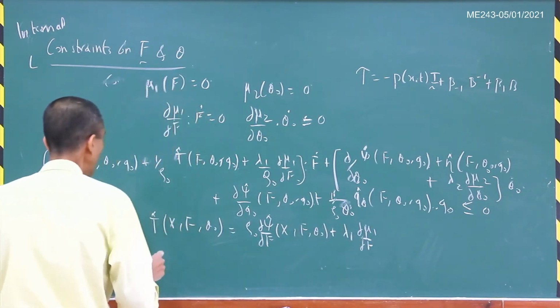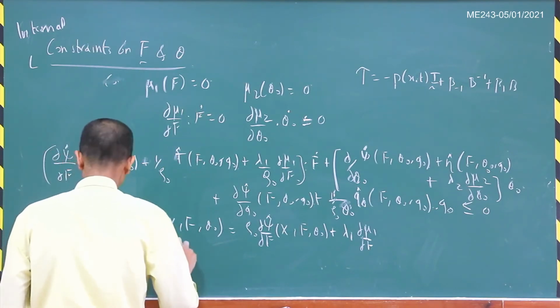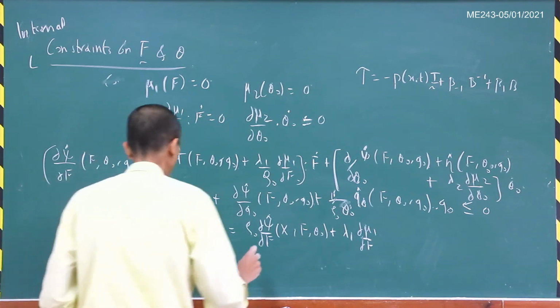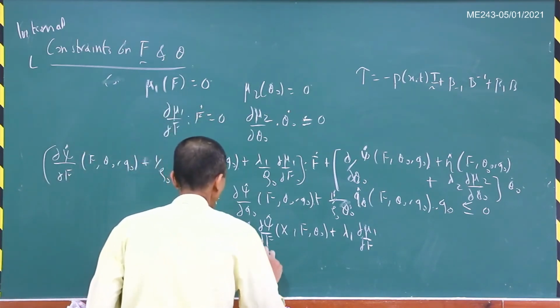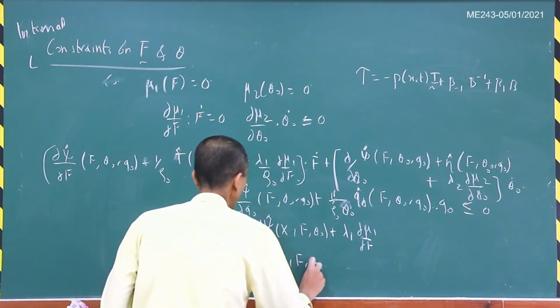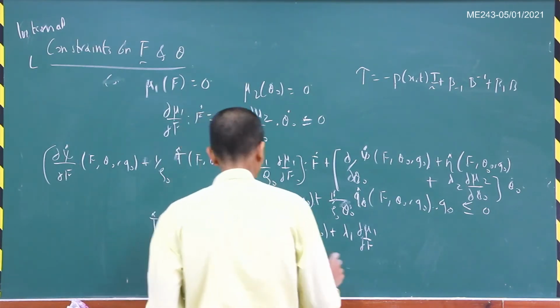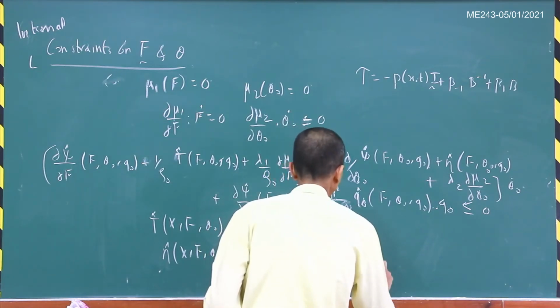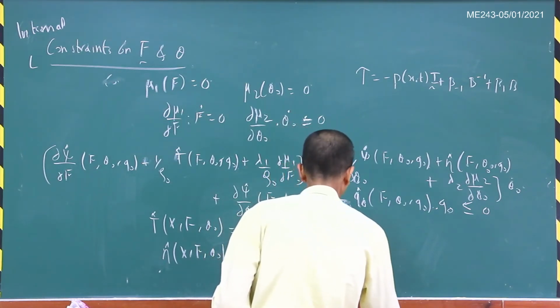Similarly, for the eta also one term gets added. So that is eta hat of X, F, theta naught is equal to minus del psi hat by del theta naught of X, F, theta naught minus lambda 2 times del mu 2 by del theta naught.